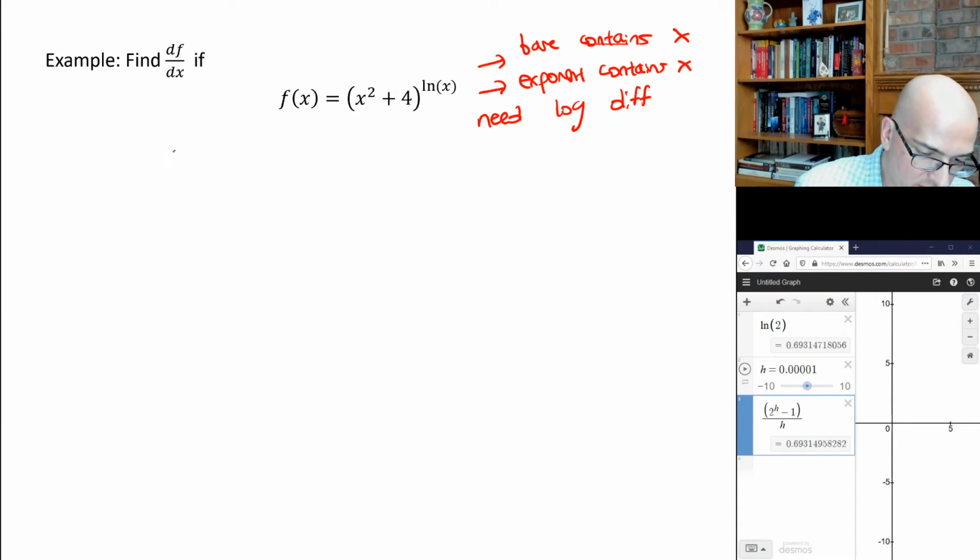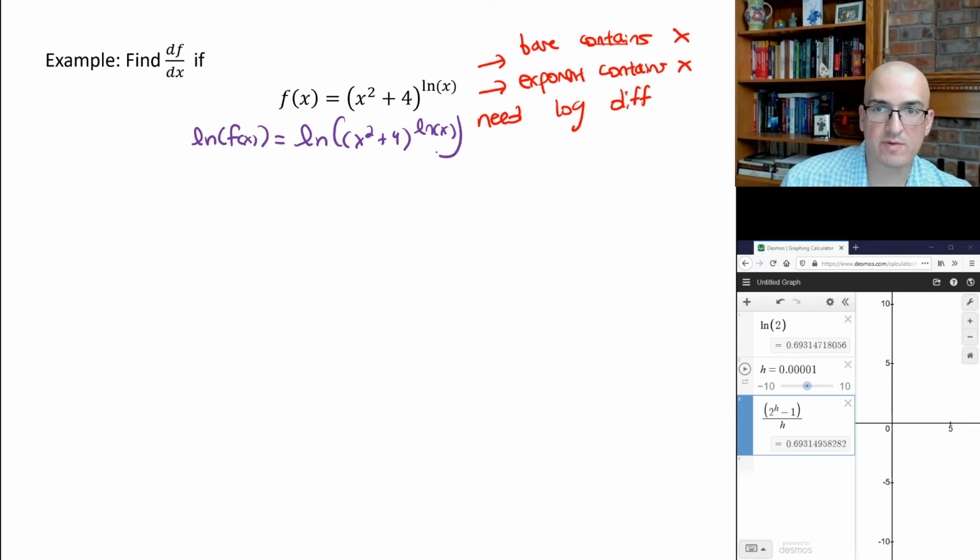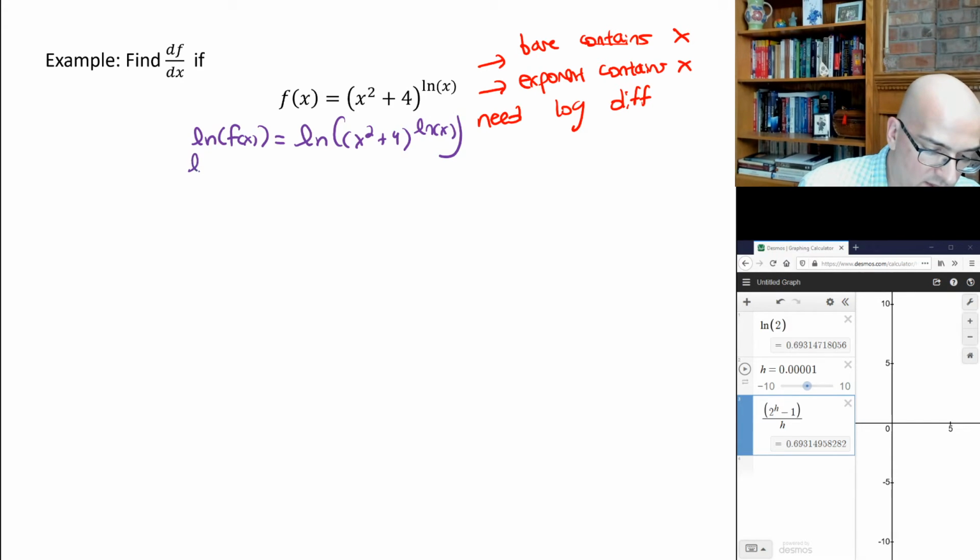So we start by lnning both sides. So ln of f of x equals the ln of x squared plus 4 to the power of ln of x. Step 2, bring the power down using that log rule. Log of m to the n is n times the log of m.